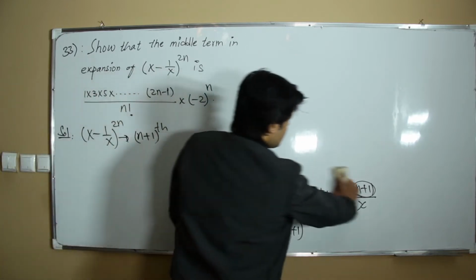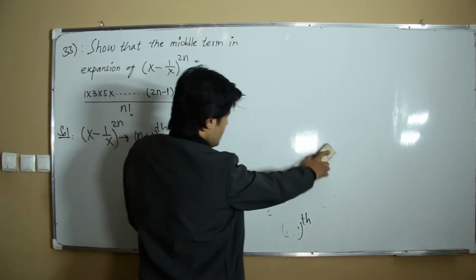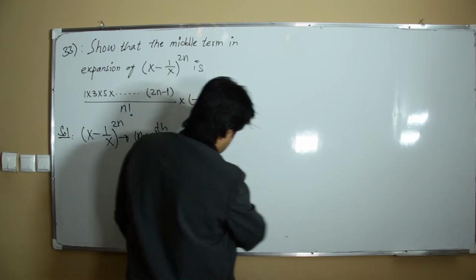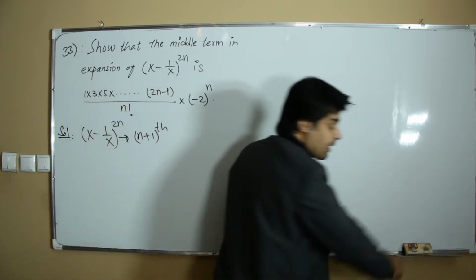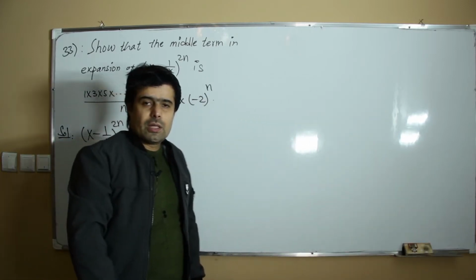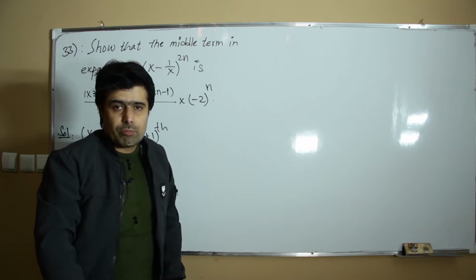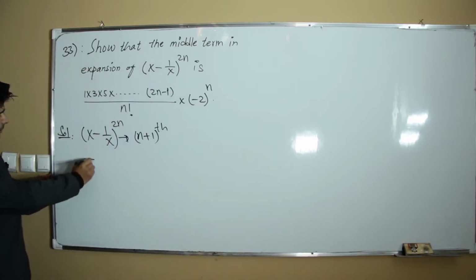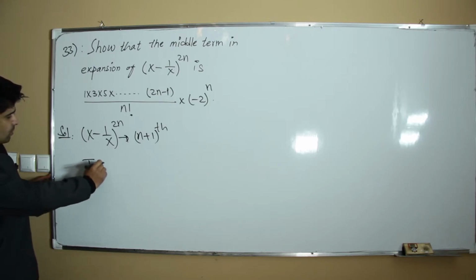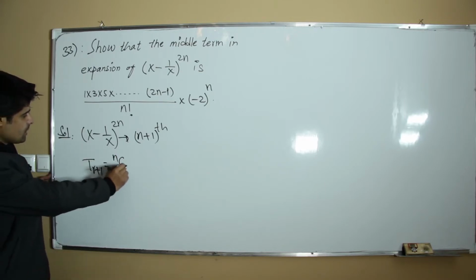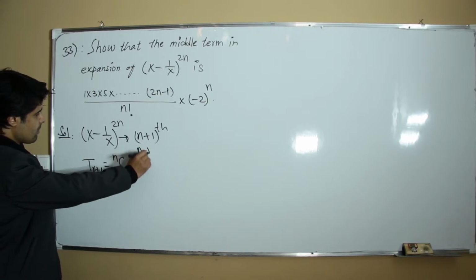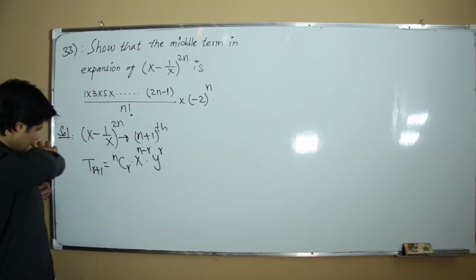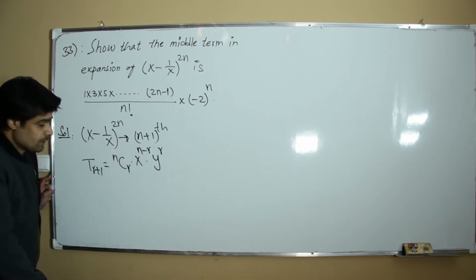If this one is the middle term, we just need one thing in binomial expansion, and that's what? That is the general term for a binomial expansion. For a binomial expansion, we have the general term T r plus 1, it is nCr x to the power n minus r y raised to the power r. Am I right? Yes.